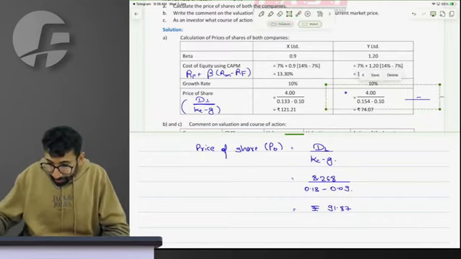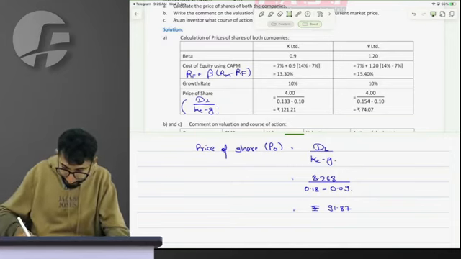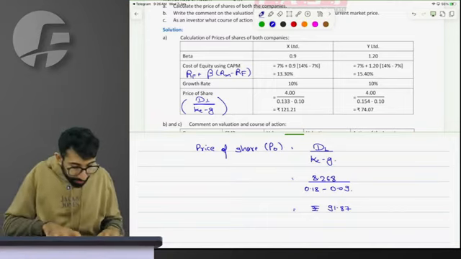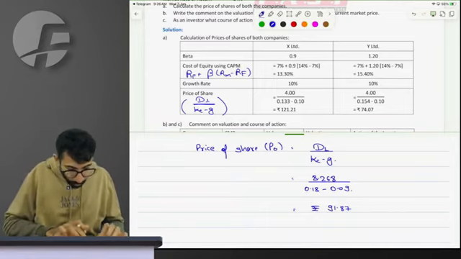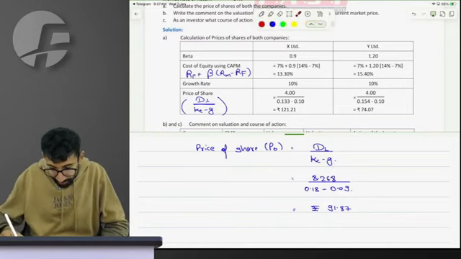Do you people have the value ready? Boss, is the value ready? 4 divided by 0.033 gives me 121.21 as the value of share.